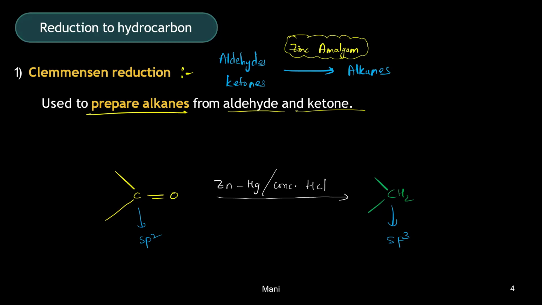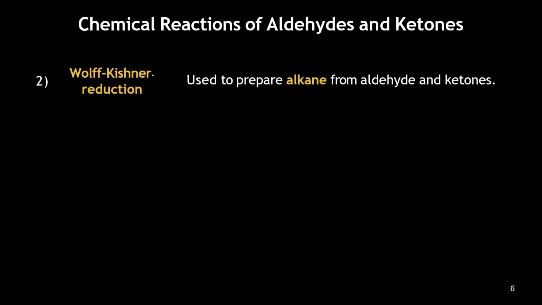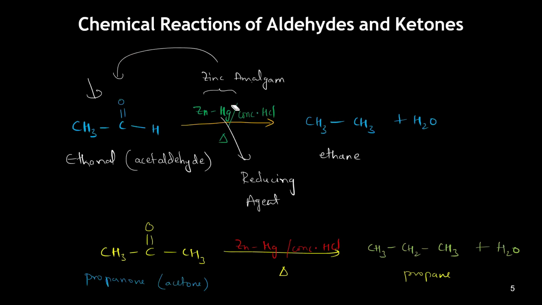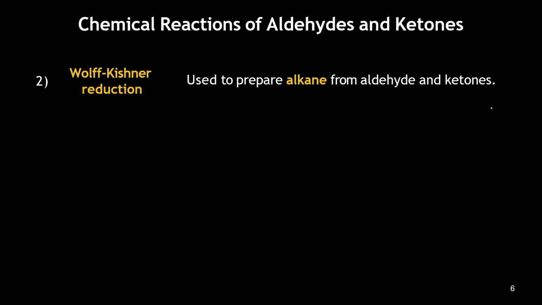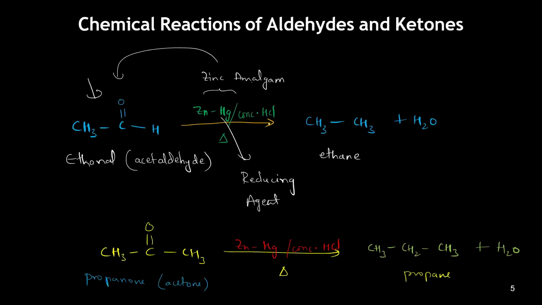Any doubts so far? No, sir. Next one, the Wolff-Kishner reaction. What's happening here? Here also we take a carbonyl compound, either an aldehyde or a ketone, and convert it into alkanes. But instead of zinc amalgam, we use a different reducing agent, hydrazine, NH2NH2. Remember, there you used concentrated HCl, a strong acid.